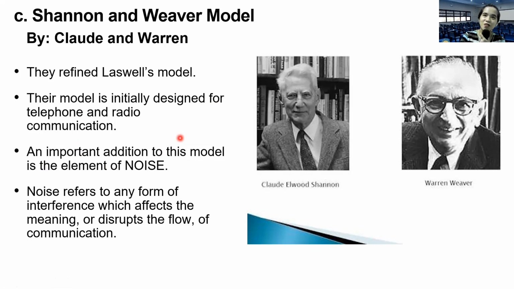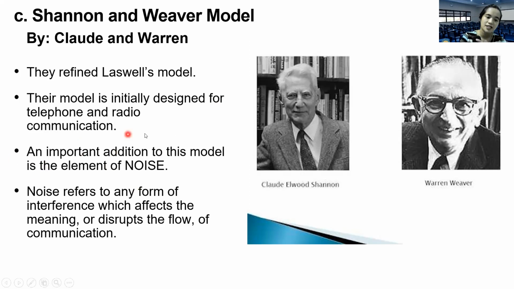As a review, last time we discussed three kinds of noise: semantic, external, and internal. By the way, internal can be physiological noise or psychological noise, if we want to be specific.